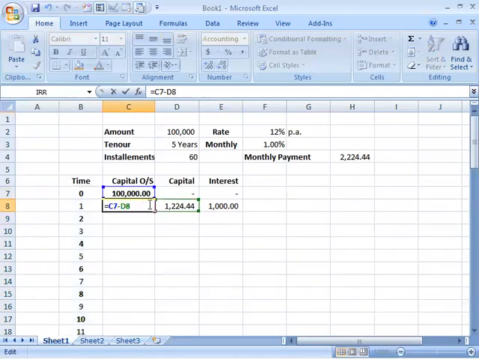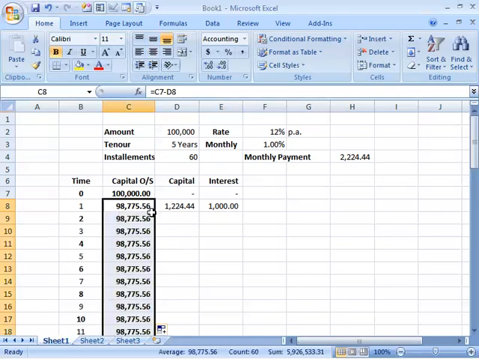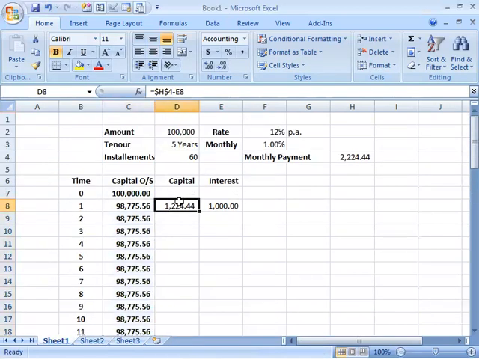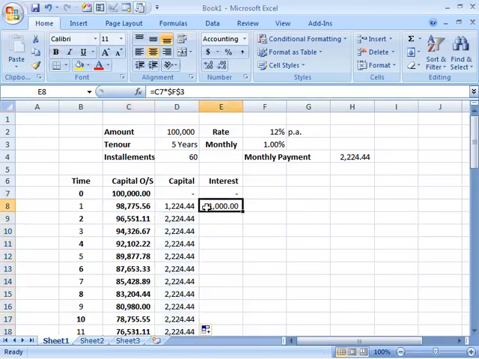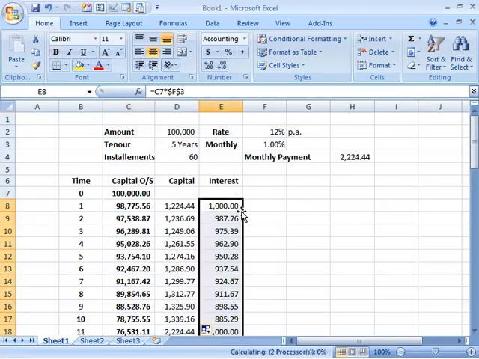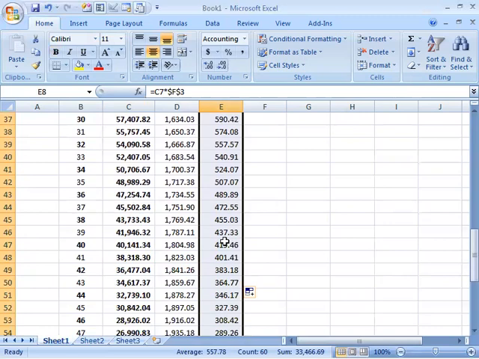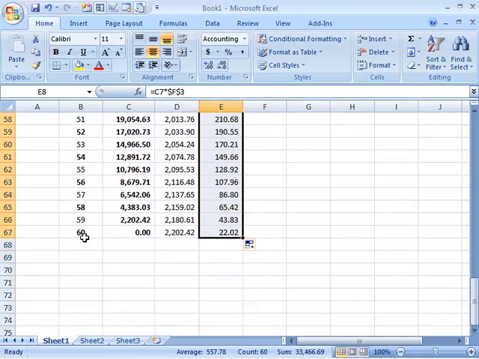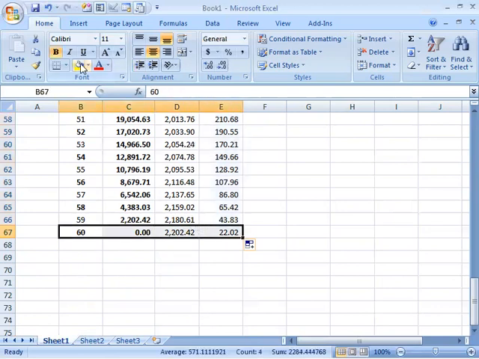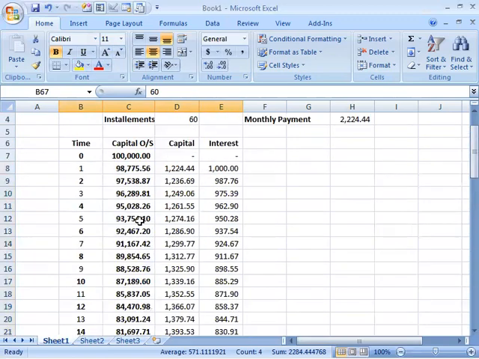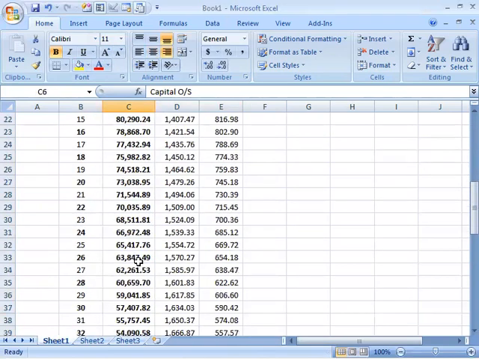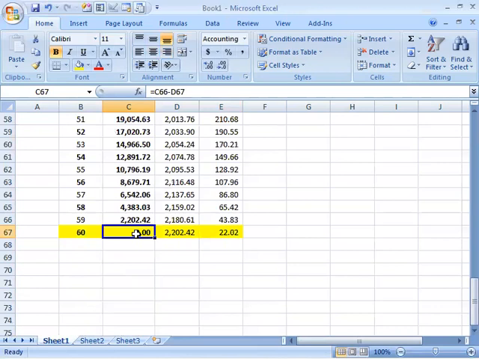We'll double click on this formula and this one also. Let's see what has happened. You can see at the end of the 60th installment, the capital outstanding is 0, which means that we have paid the loan in full, we have settled the loan.